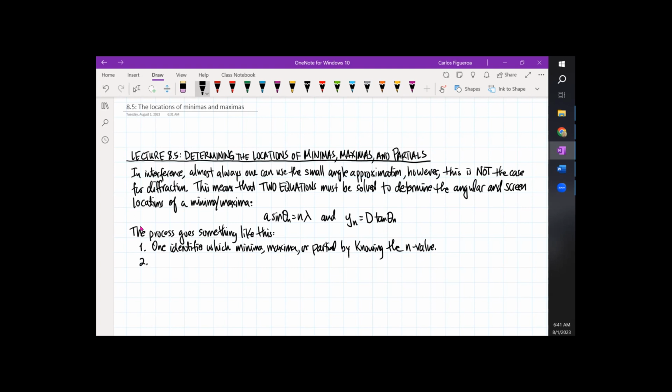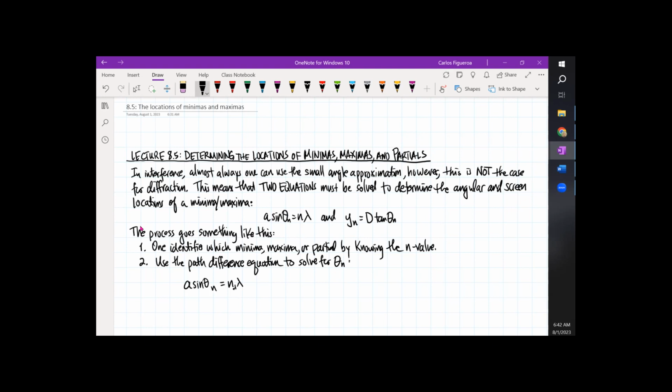And then two, use the path difference equation to solve for theta of n. In other words, you have a sine of theta equals n lambda, but note, you know the n value.